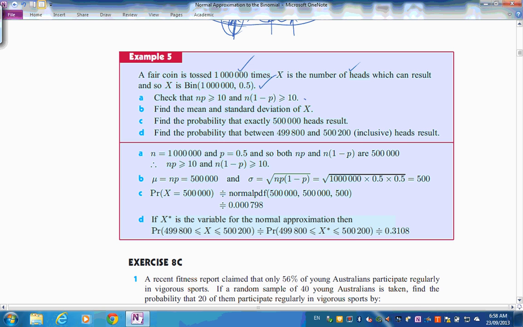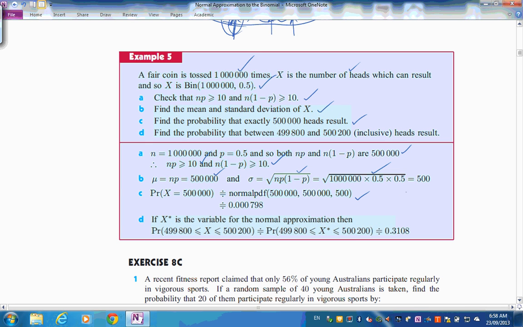So we check here that they're big enough. Oh yeah, well, we've got big numbers here, so both of them are actually bigger than 10. Find the mean and standard deviation of this binomial variable, np, and square root of np(1 take p), all those big numbers there. Okay, find the probability of exactly 500,000 heads, and this is going to be our normal approximation here, and there it is, normal.